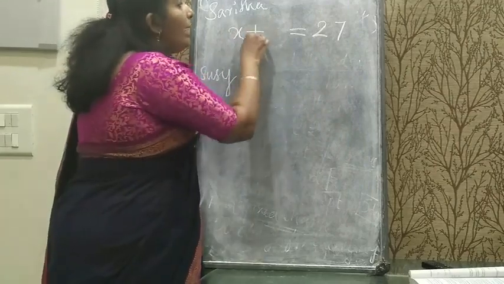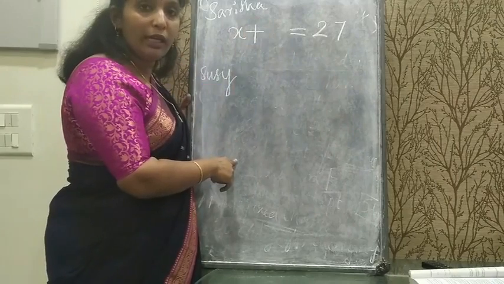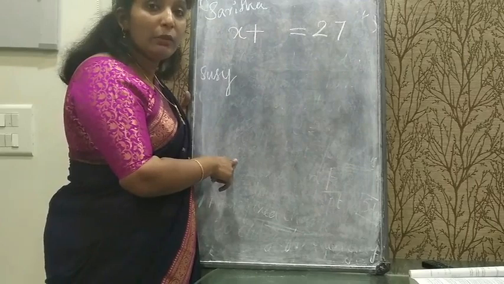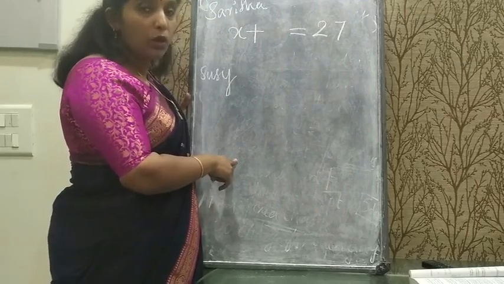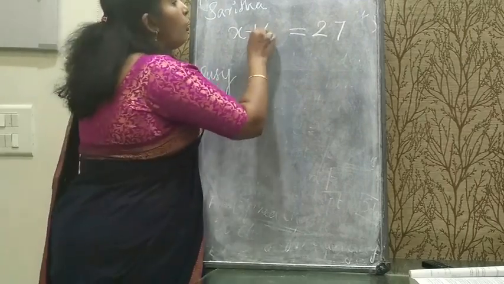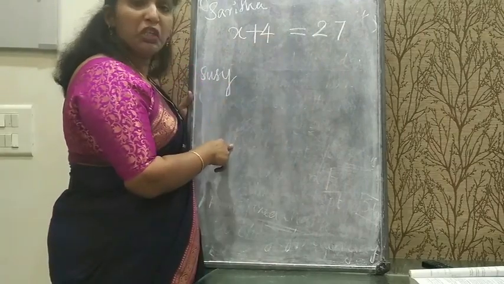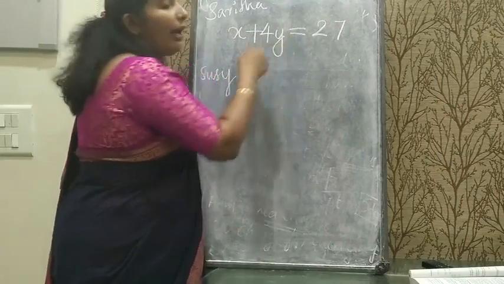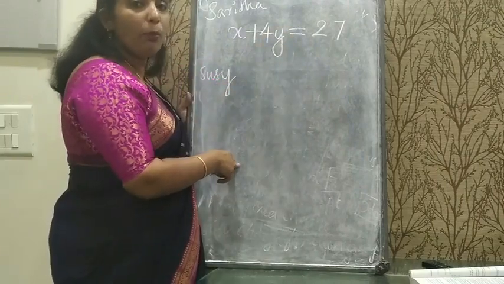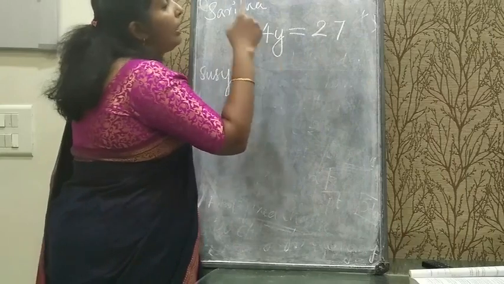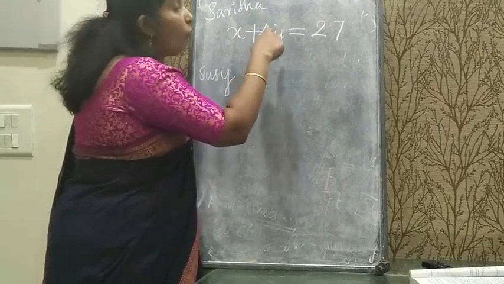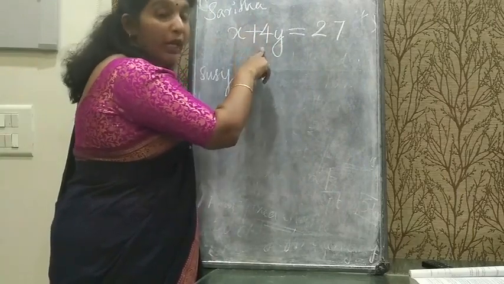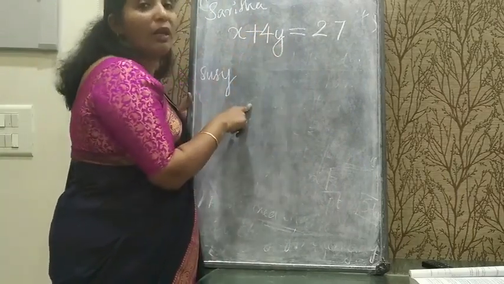The remaining days are 7 minus 3, which is 4. For the remaining 4 days she pays some amount that I am going to take as y. Each day she pays y rupees extra, so for 4 days she will pay 4 into y, that is 4y rupees.